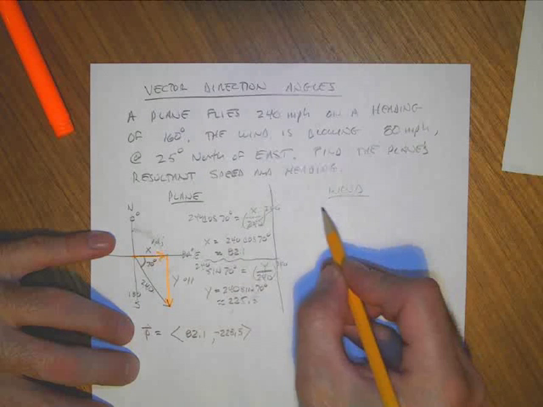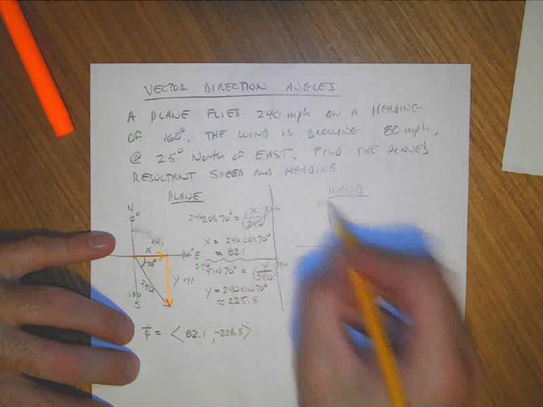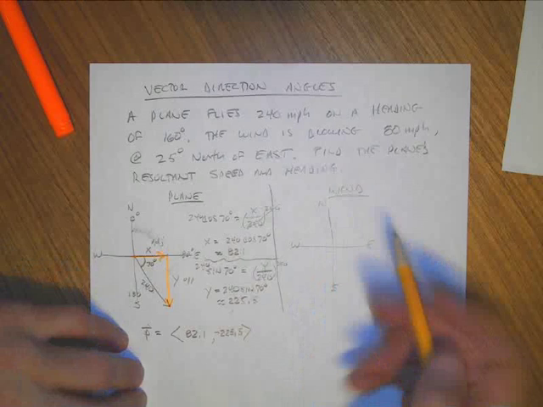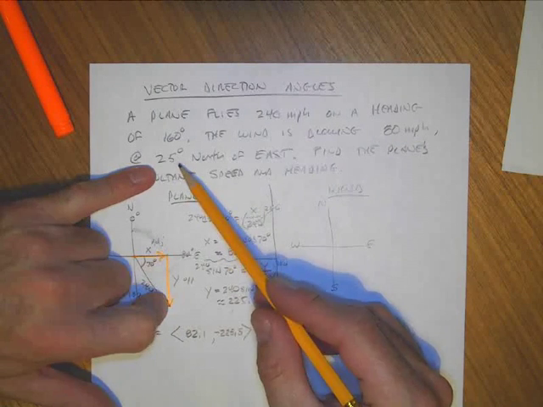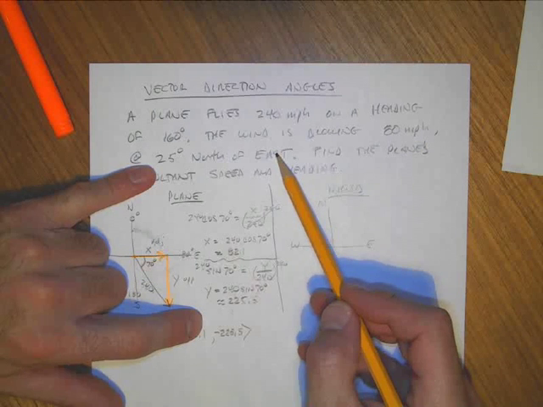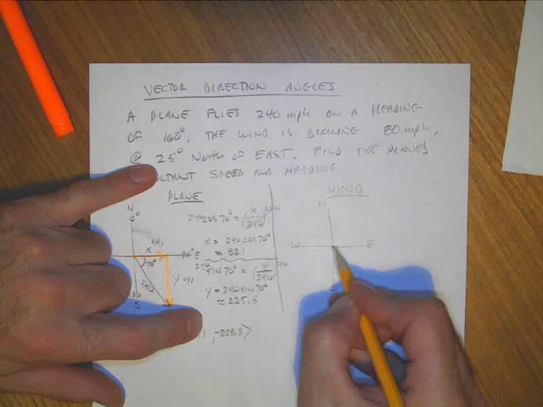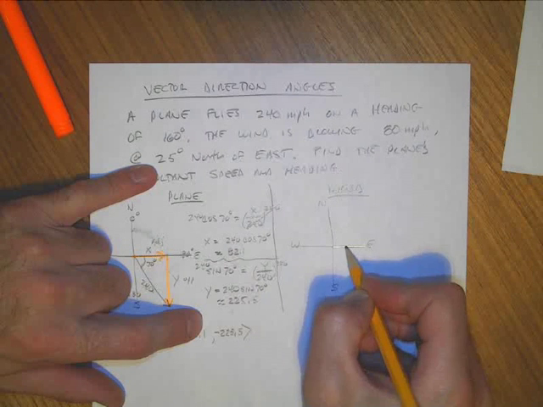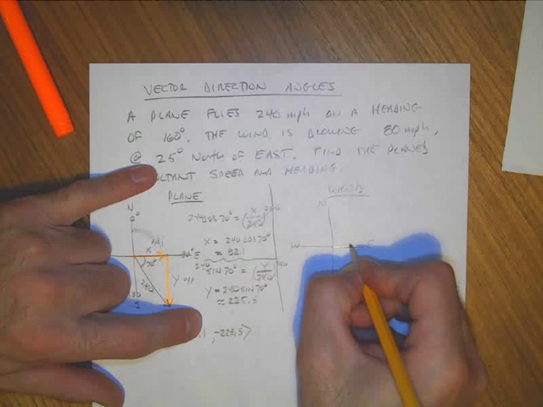Now let's do the same thing for the wind. We know that we need our north, south, east, and west. And this is interesting because it's blowing at 80 miles an hour, but it says 25 degrees north of east. All right, well, let's do this. Find the east. That's this line right here. And it is 25 degrees north of this eastern line.